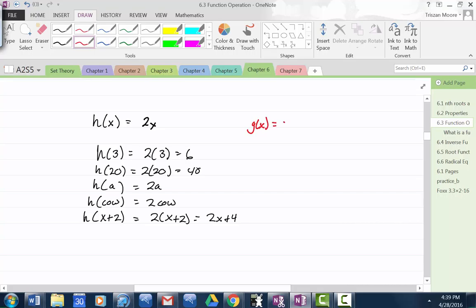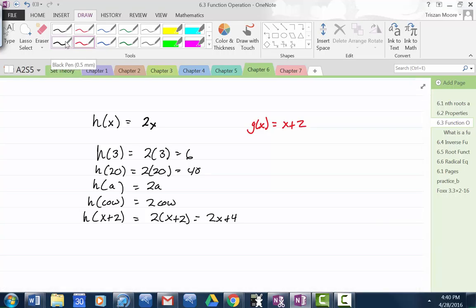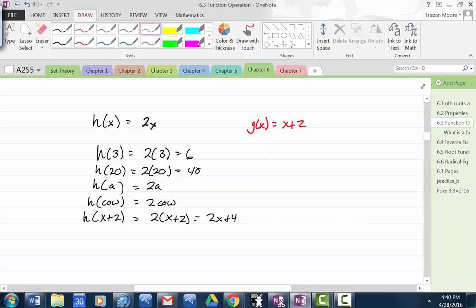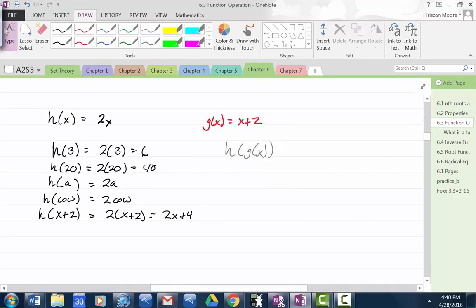So say, for example, h of x was equal to 2x, and I want g of x to equal x plus 2. This is all hypothetical now. Then if I take one function and put in the other one, you can see what happens. So say I'm doing h of g of x.